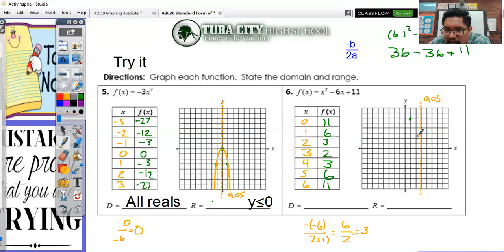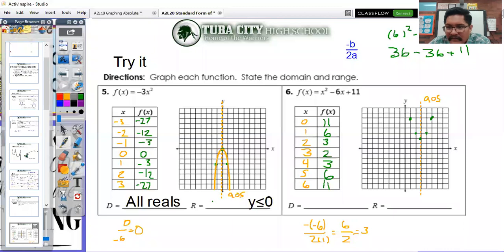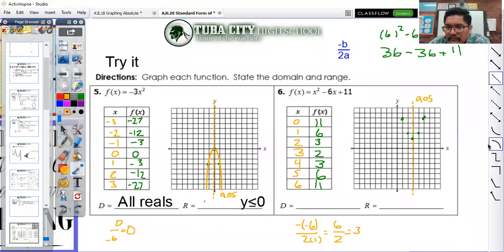So over 2 up 3. And 3, 2. So over 3 up 2. 4, 3. So over 4 up 3. 5, 6. So over 5 up 6. And we also have another 11, so that's going to go off the chart.